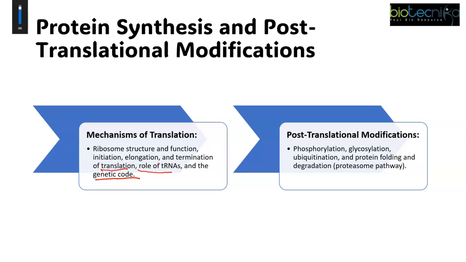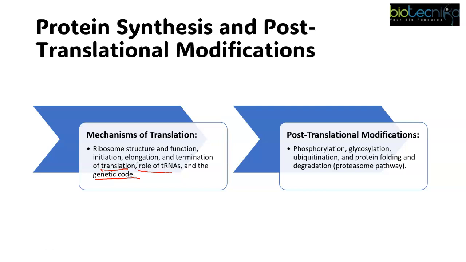Although questions don't come exactly regarding the steps, a question can come where you have to correlate an experimental or analytical situation with the basic understanding of the processes of translation.